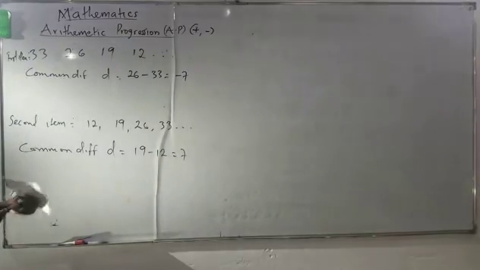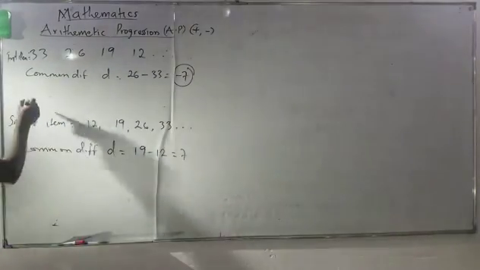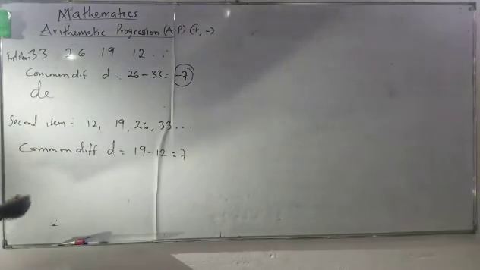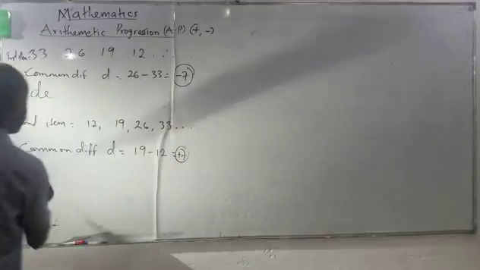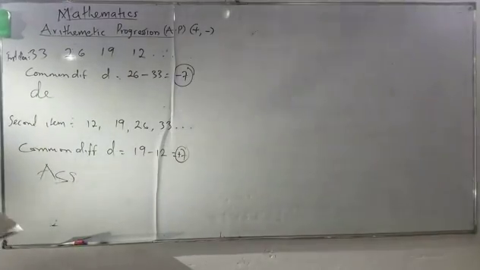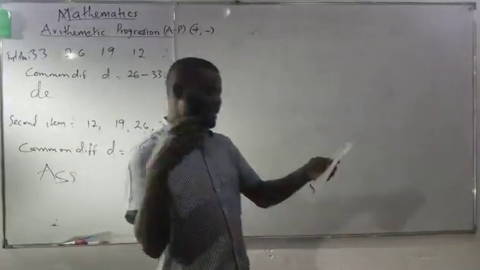Can you see that at the point of negative it is descending, and at the point of positive, which is plus 7, it is ascending? That is what I mean by ascending pattern and descending pattern.